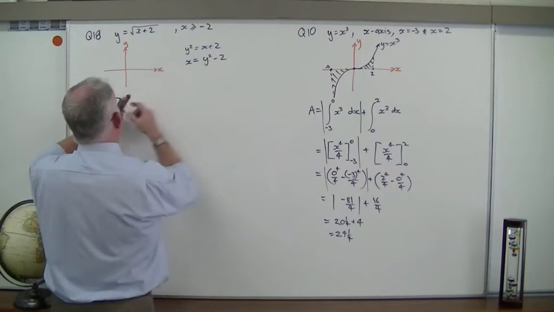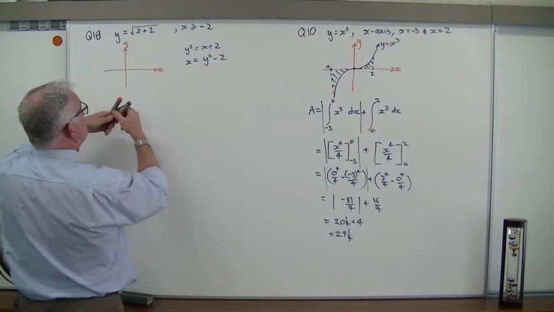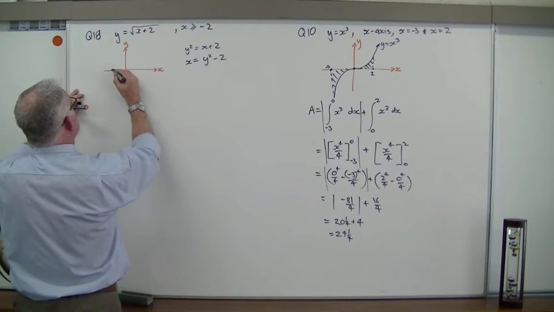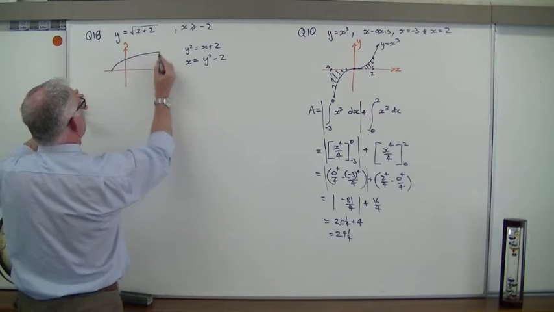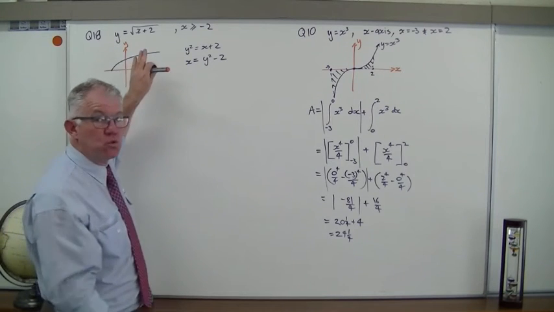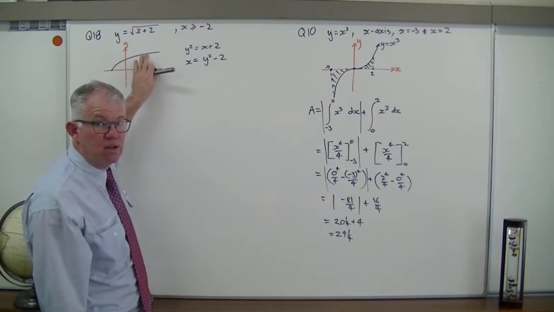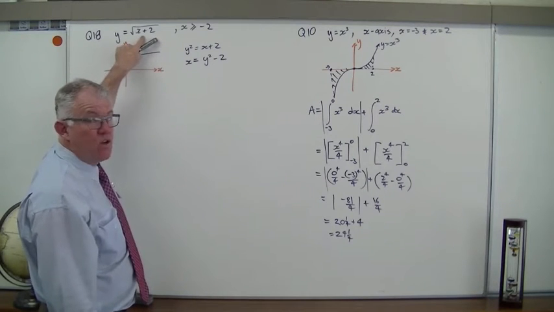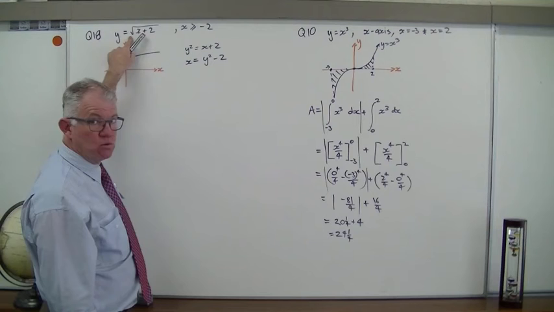But we've got the plus 2, so that will shift the whole thing across to minus 2, and it looks like that. Now, the reason why I only draw the top of the parabola is because in this original function, we're given the positive square root.